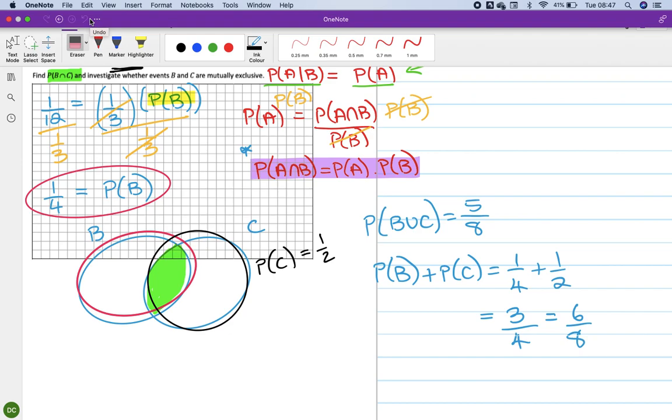The overlap is just 1/8, since 6/8 minus 5/8 is 1/8. To get what's left in B, I do a quarter minus an eighth, which is an eighth. To get what's left in C, I do a half minus an eighth, which is 3/8. That gives us 5/8 total, which is what we want.